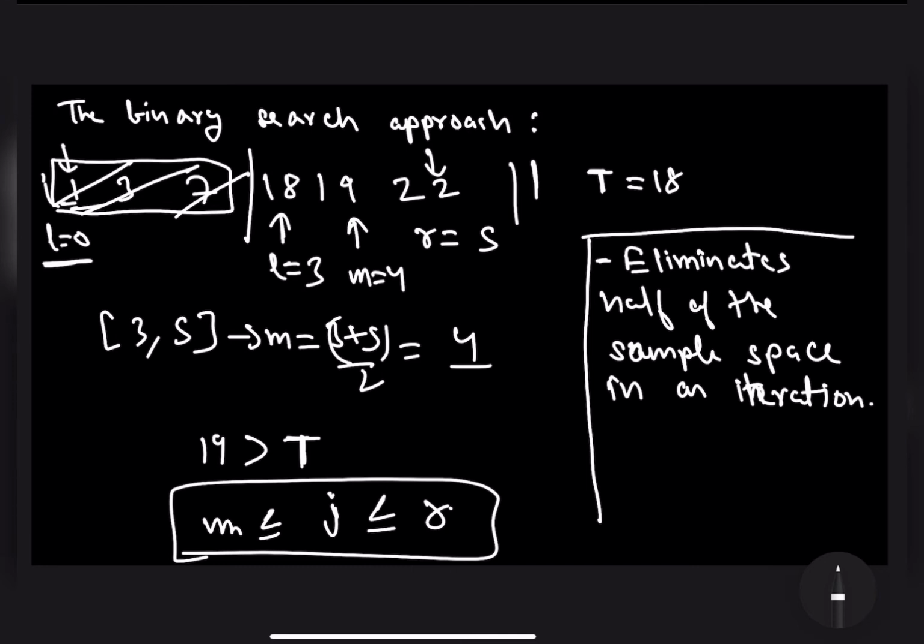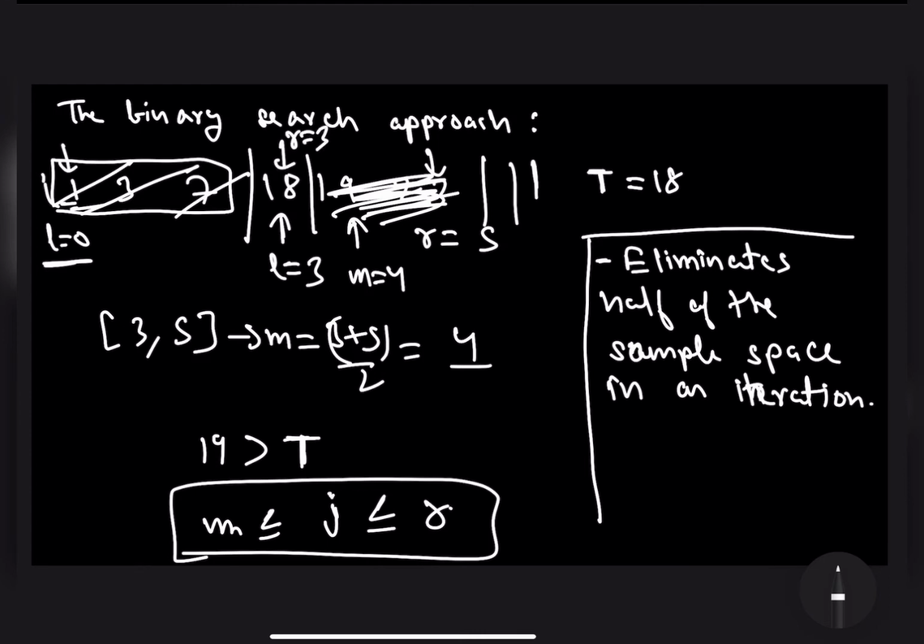So I will not find my answer in there, so I can eliminate them right here. I can eliminate all such j's which are greater than or equal to M and less than or equal to R. So I will just eliminate them now, and R will be updated to M minus 1. So the new value where R will be pointing will be 3.